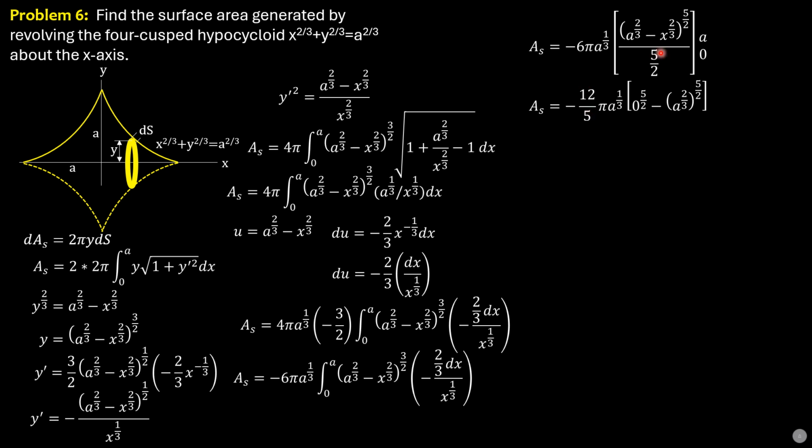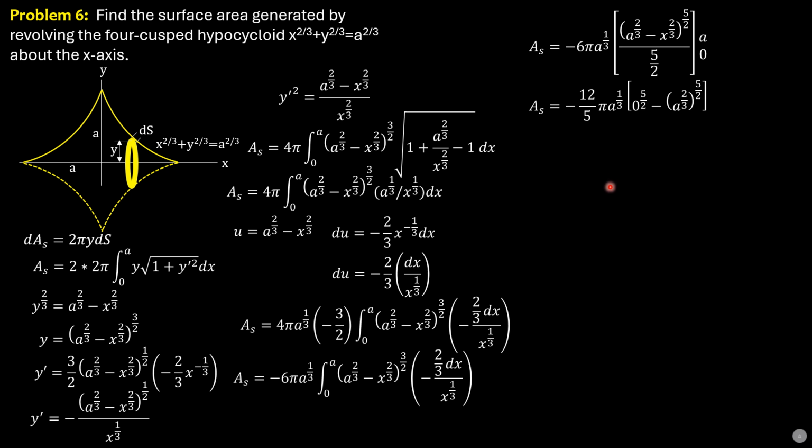So negative 6 pi a to the 1/3 divided by 5 halves. That's negative 12 pi over 5, a to the 1/3, then quantity 0 to the 5 halves minus a to the 2/3 to the 5 halves. So this is negative a to the 5/3, negative a to the 5/3 times negative 12 over 5 pi a to the 1/3.